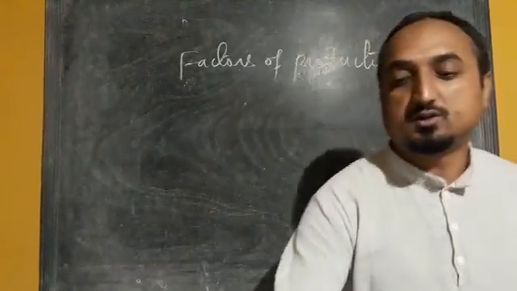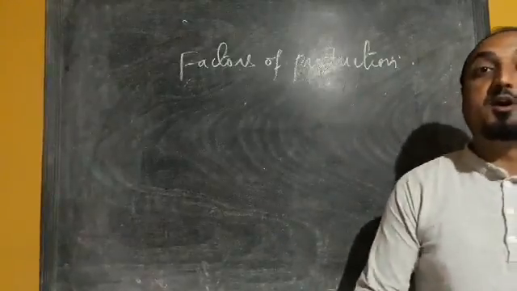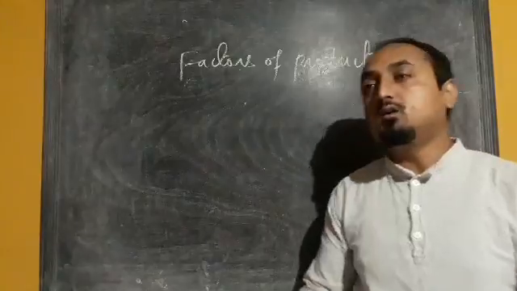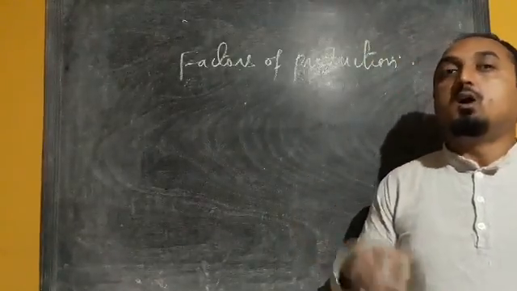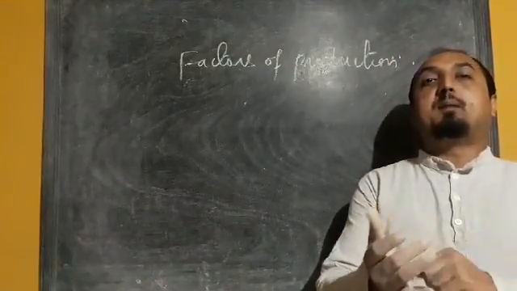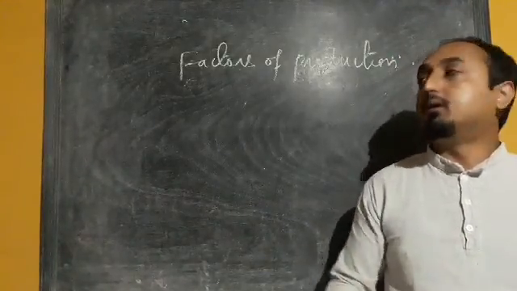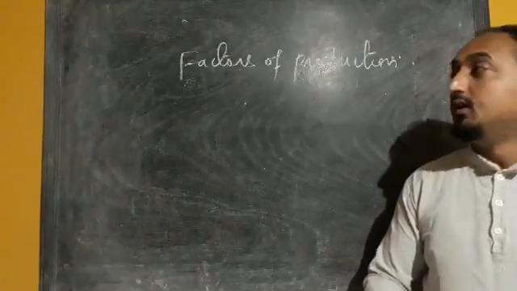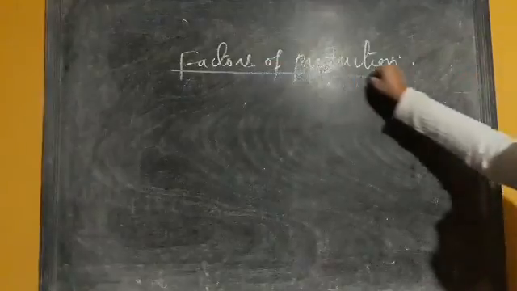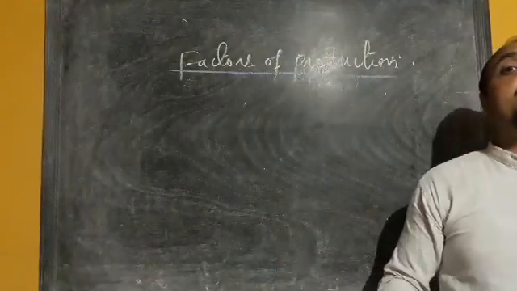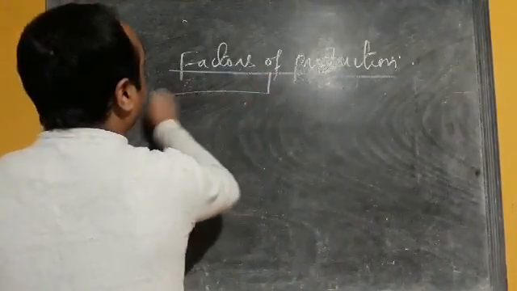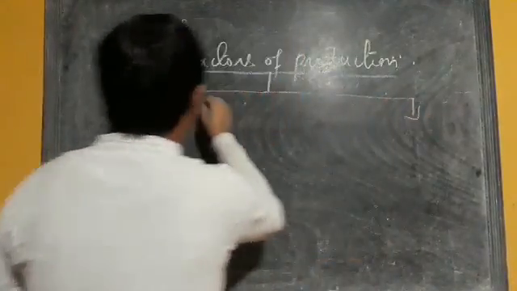The productive resources that are used in the process of production are called factors of production. What are those productive resources? Productive resources are land, labor, capital, organization, and raw material. So all the productive resources that are used in the process of production are called factors of production. Now these factors of production are usually classified into four groups.